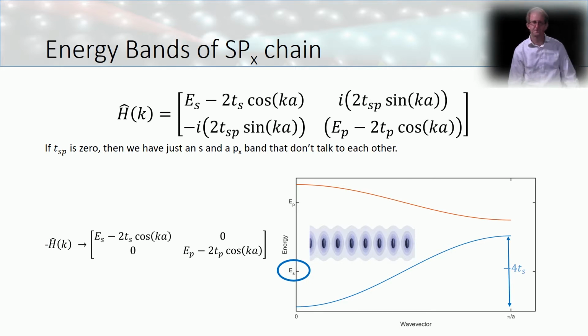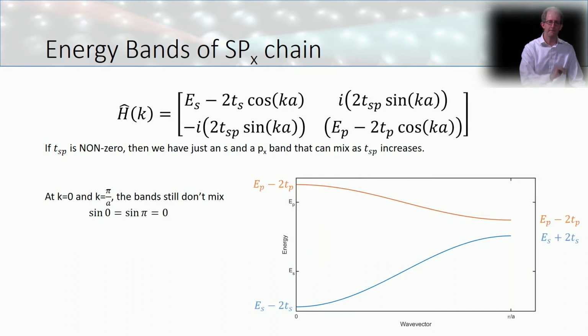Okay, great. All right. So if that transfer TSP is non-zero, so our s orbitals and our px orbital on nearest neighbors can mix, they're going to mix more as TSP increases. But let's start looking at the Brillouin zone boundary edges. So if I have 0 crystal momentum, k is equal to 0, when I go up here, well, sine of 0 is 0, so then the 2 don't mix.